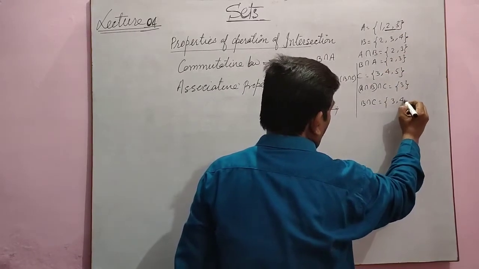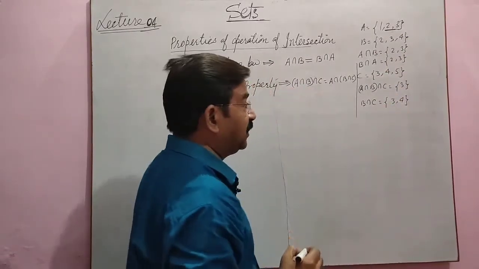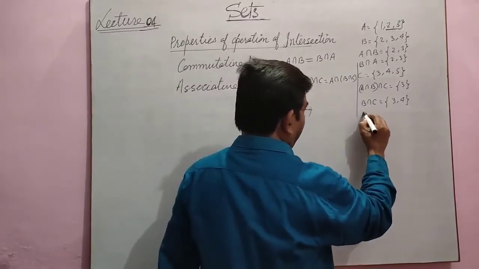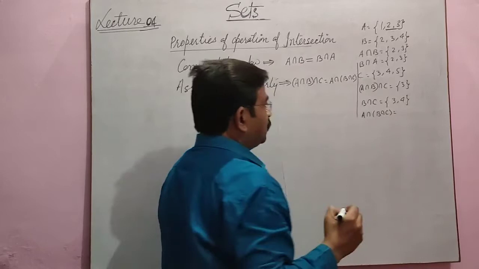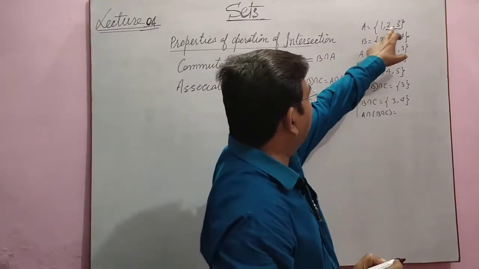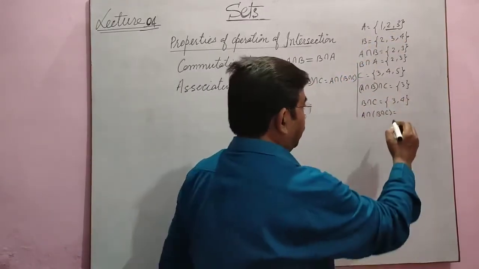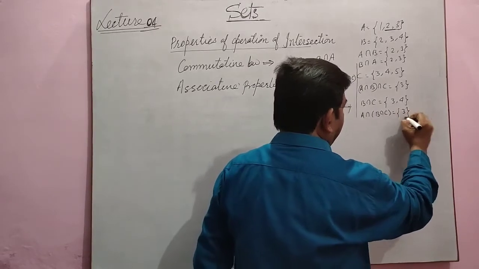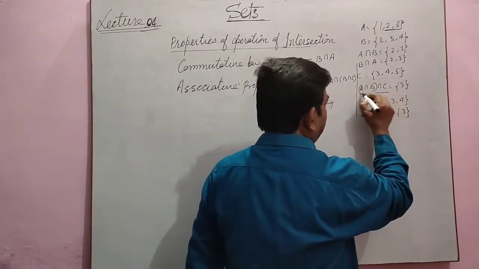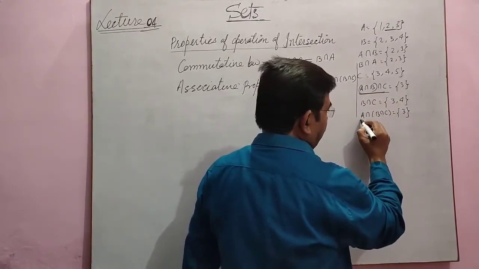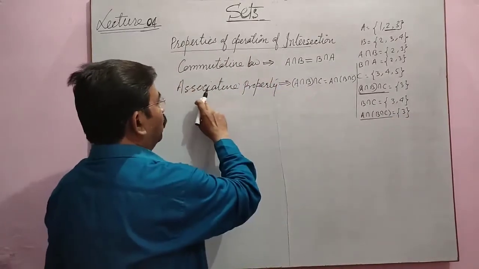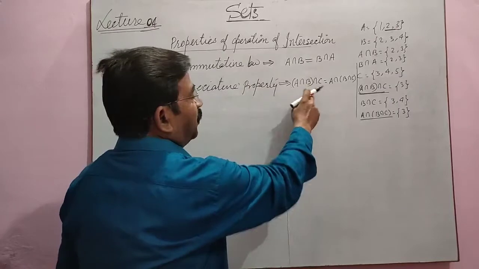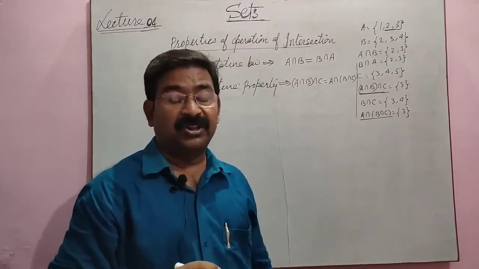So 3 and 4 are common in B intersection C. If we find A intersection with B intersection C, what is common in A and B intersection C? The common element is 3. It means (A intersection B) intersection C is the same as A intersection (B intersection C). So it holds the associative property of intersection.